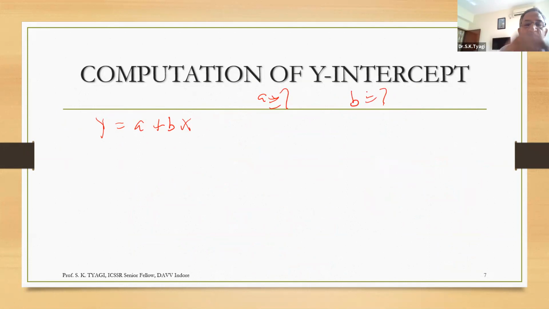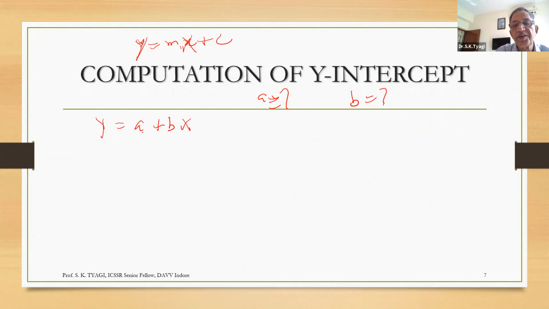Now what is b? As we discussed earlier also, b is the regression coefficient. Why? Because this is the coefficient of x. Y is equal to mx plus c. M is the coefficient of x. This is the regression slope.